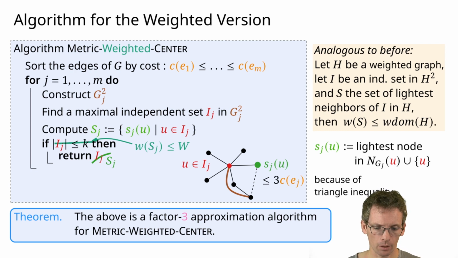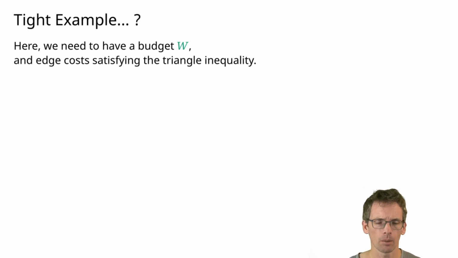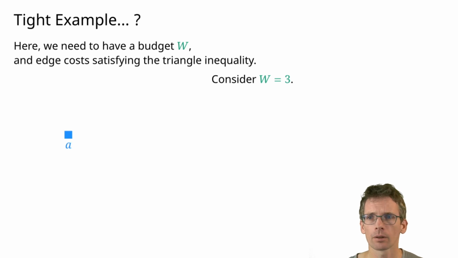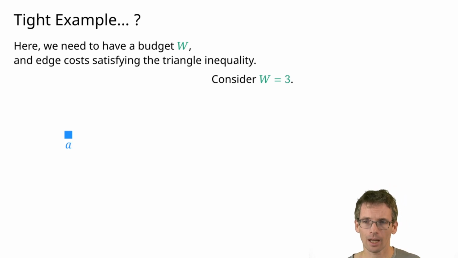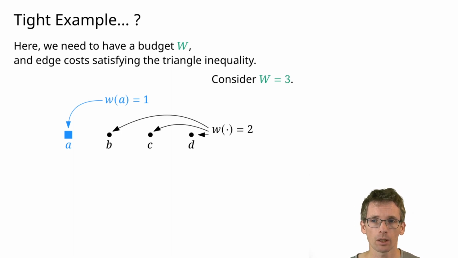Now let's again look at a tight example. So here you now need to define a graph, a metric one, and a suitable budget. Our budget will be 3. The graph will be as follows. So we have this vertex A with weight 1, B, C, and D all have weight 2.